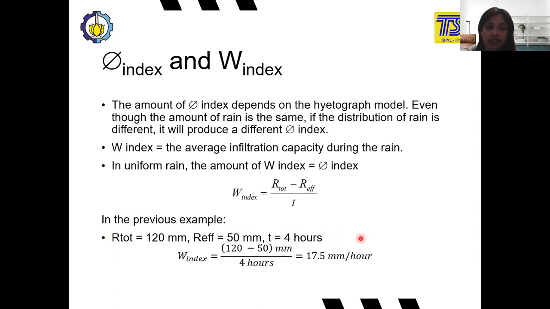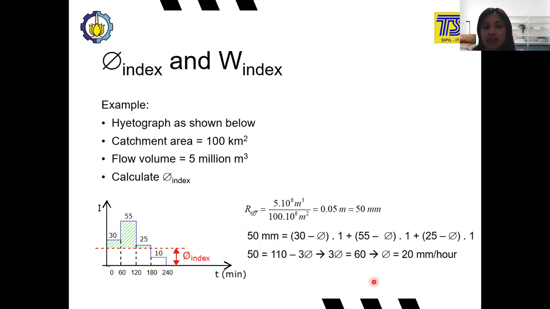From this data, we can calculate the W index by using this equation, and we got this W index of 17.5 millimeters per hour. So that's why it is different from this V index, because the rain is not uniform. It is different within the period of time.